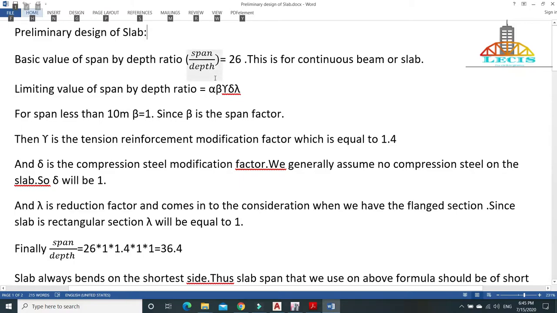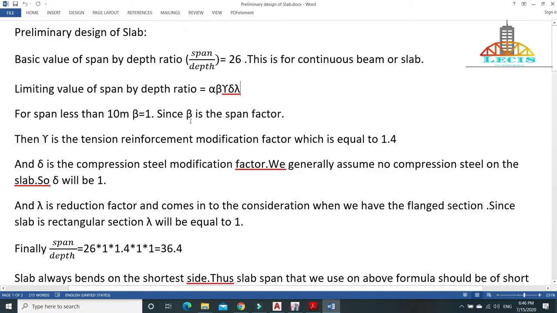There are certain modifications that you can use greater value than this value depending upon the conditions that you have. So this is the basic value of span by depth ratio, which is 26 for continuous beam or slab. And you can use the limiting value of span by depth ratio for preliminary sizing, which is equal to this alpha, that is 26 times beta, gamma, delta, and lambda. These beta, gamma, delta, and lambda are the modification factors.